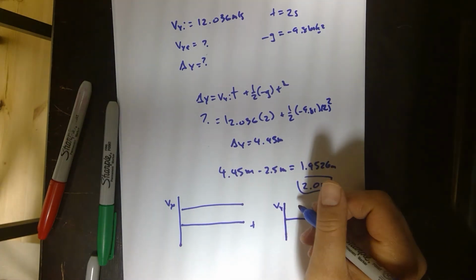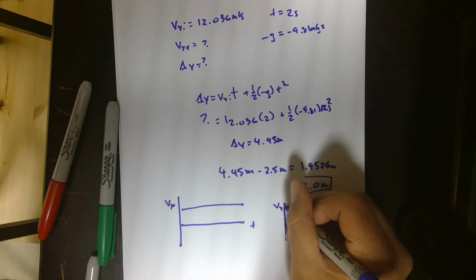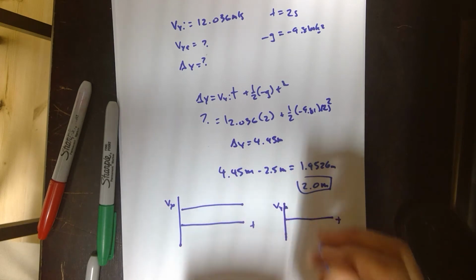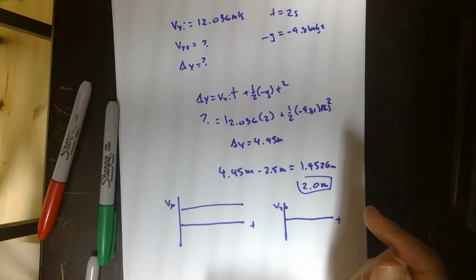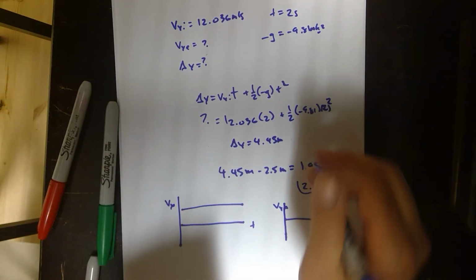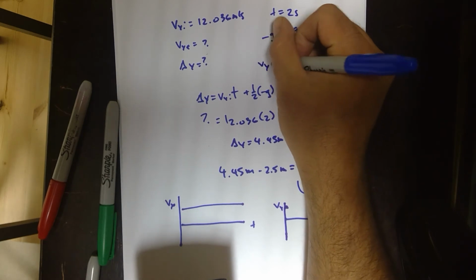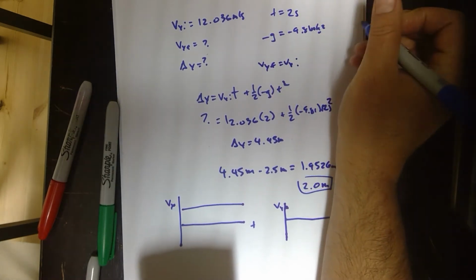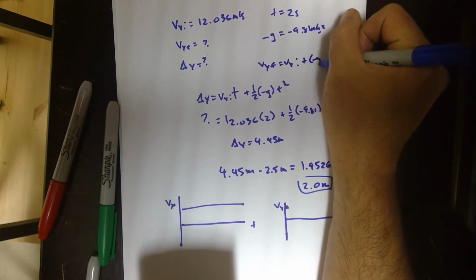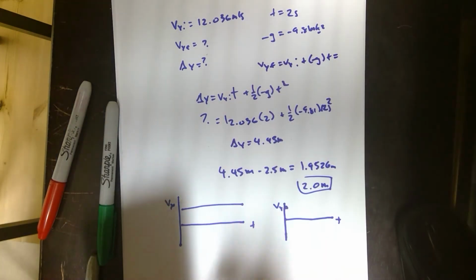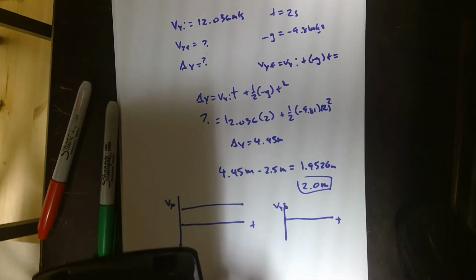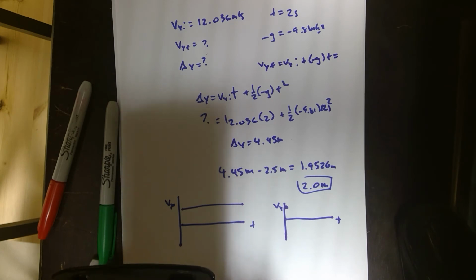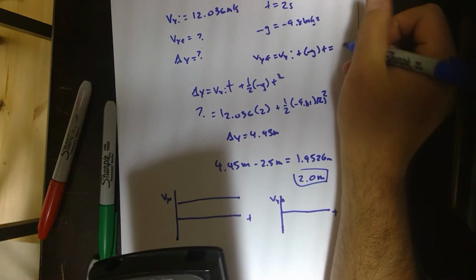we're going to start at the 12, and then let's actually just solve for Vyf to see where this graph should end. Vyf equals Vyi plus negative g times t. I could plug in those values there, 12.036 plus negative 9.81 times the 2 seconds. I get negative 7.5.